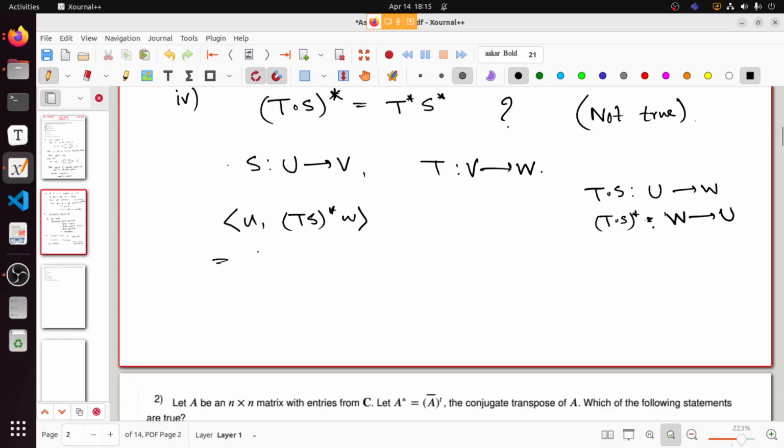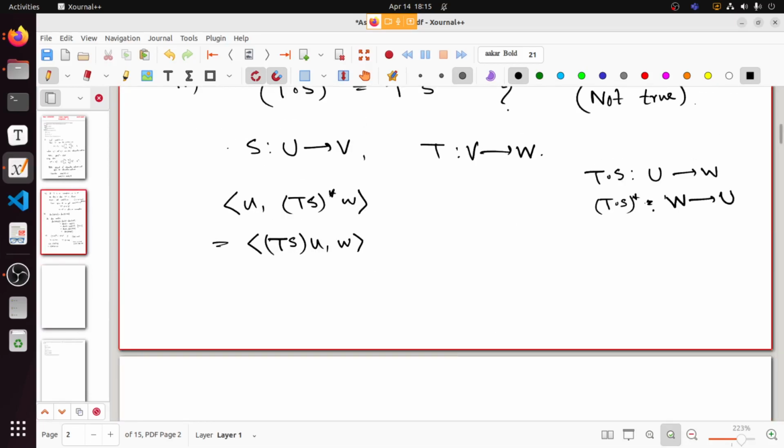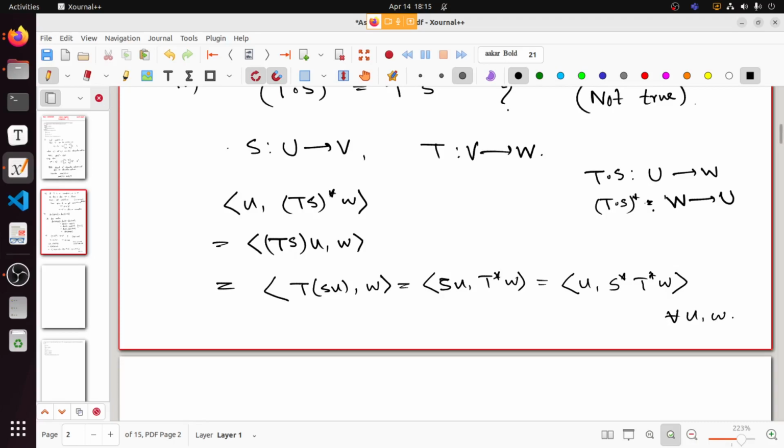So what will it be? This will be TS(U), W by the definition of adjoint. Now this is associative, so T(S(U)), W, which you can write as S(U), T star W, which you can write as U, S star T star W for all U and W, right? For all U and W.